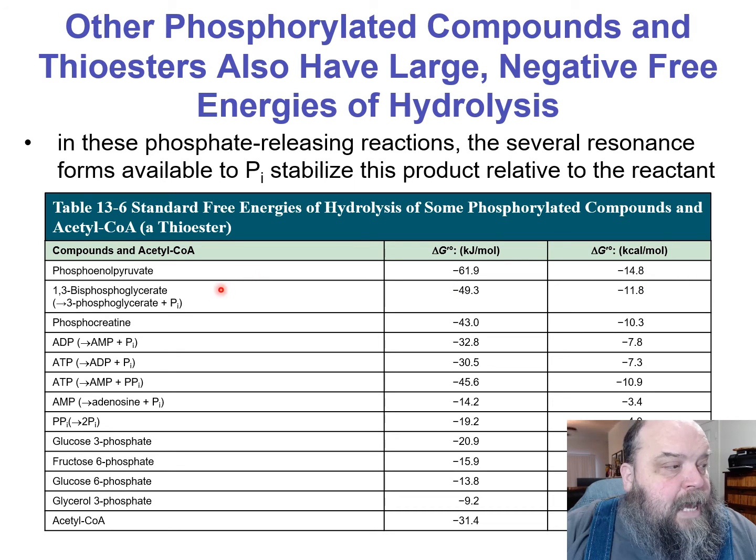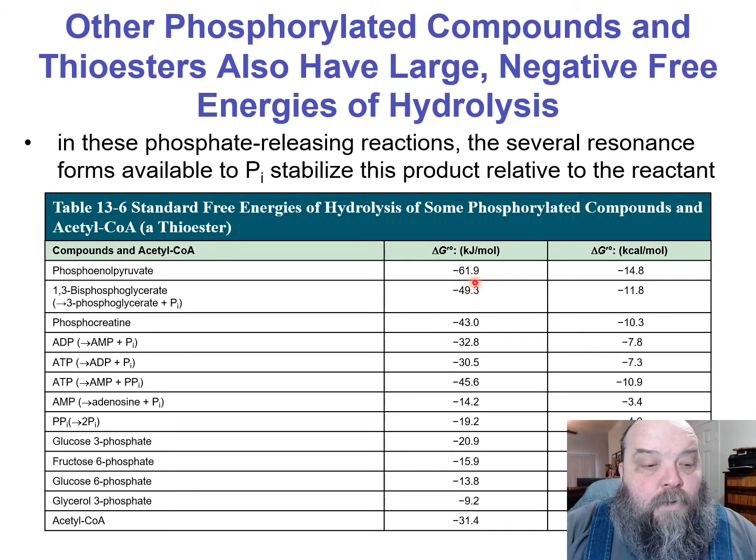When you look at table 13.6 from the textbook, my head's covering some of the numbers, so you'll have to look in the handouts or in the textbook. You'll see that when we step back and look at certain biomolecules, phosphoenolpyruvate, the second to the last step of glycolysis, when you end up with pyruvate, look how much energy is there.